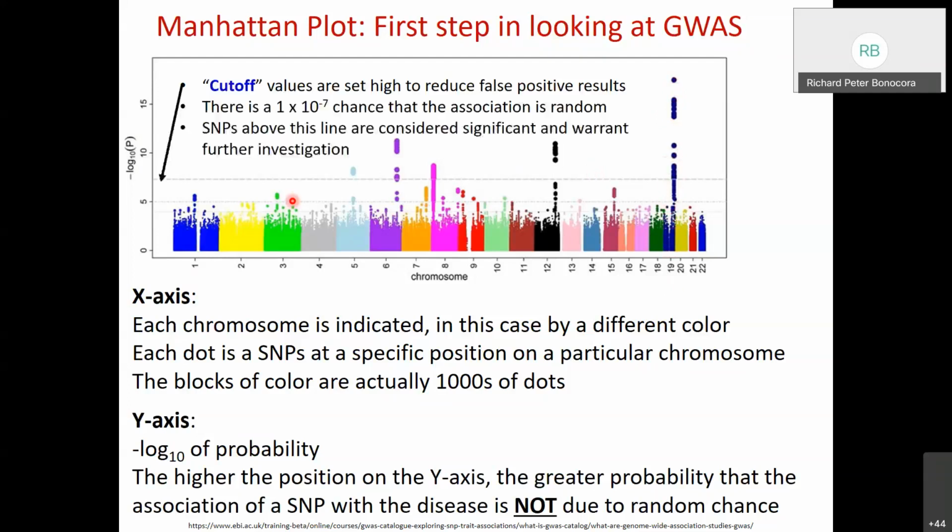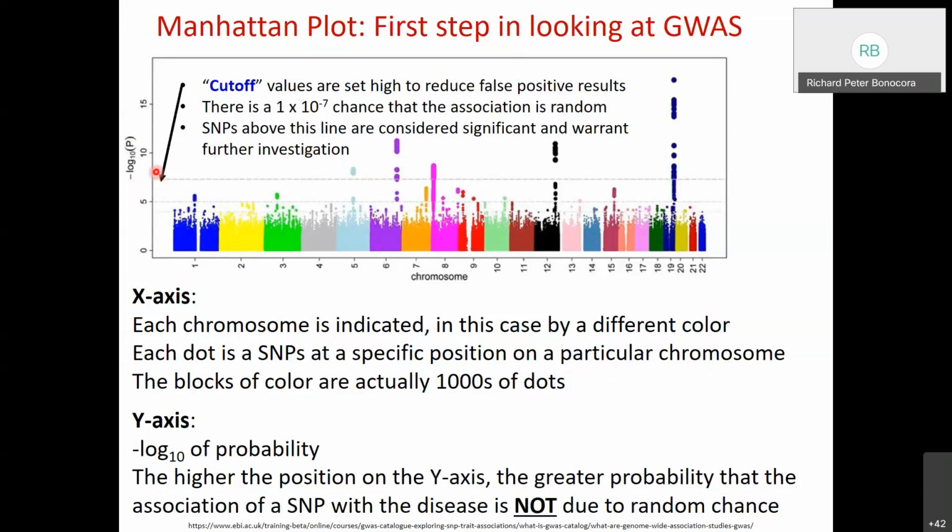And so this cutoff, when determining something is significant, there are multiple ways to do it. Usually there's a certain probability that's accepted as convention. I don't know how many times these Manhattan plots have been performed, but they're quite common now.